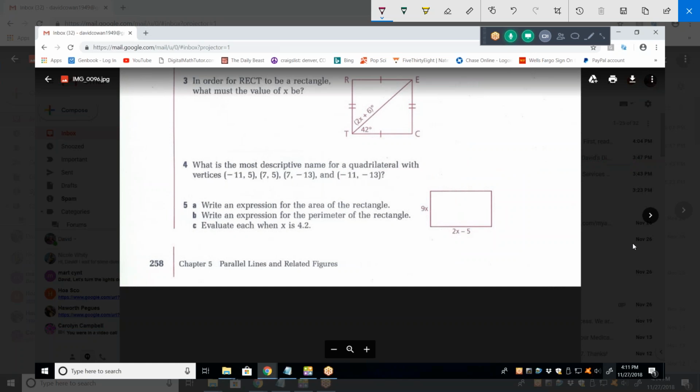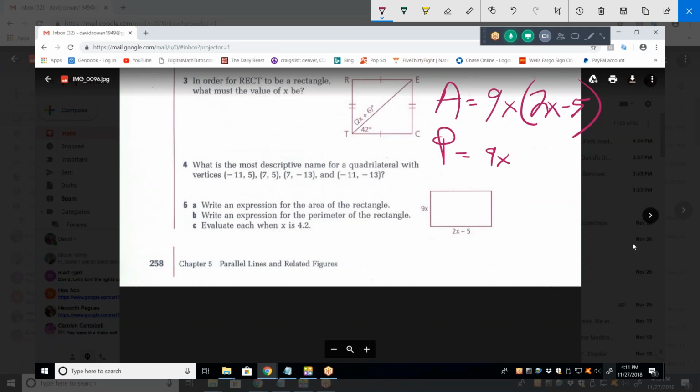All right, number 5. What's the expression for the area? 9x times (2x minus 5). You do need the parentheses there. Okay, what's the expression for the perimeter? 9x squared?